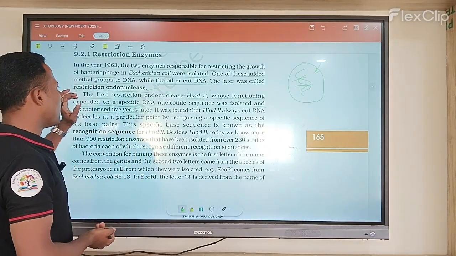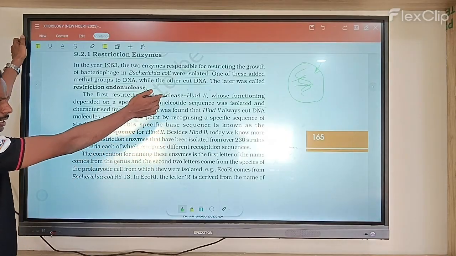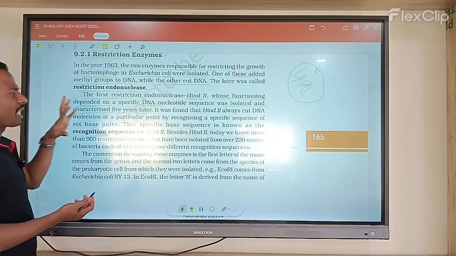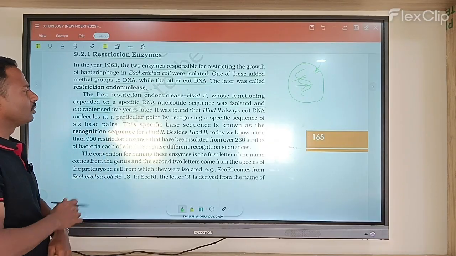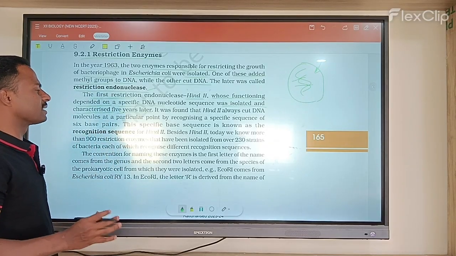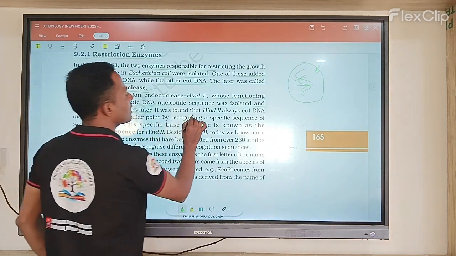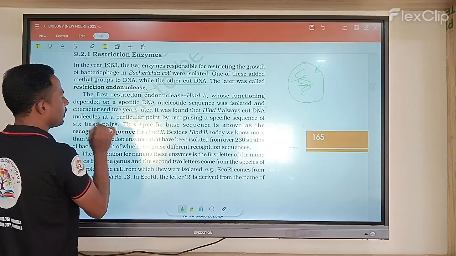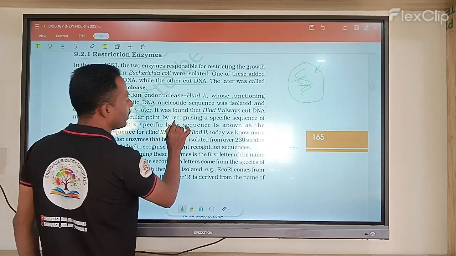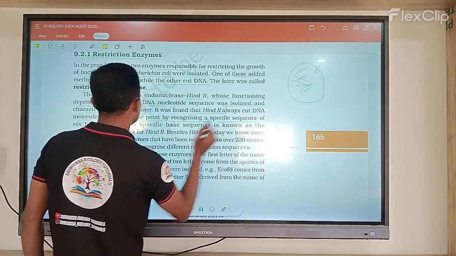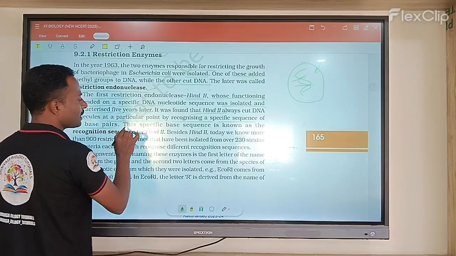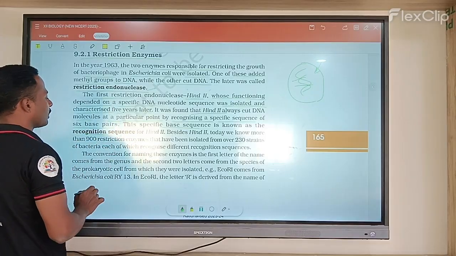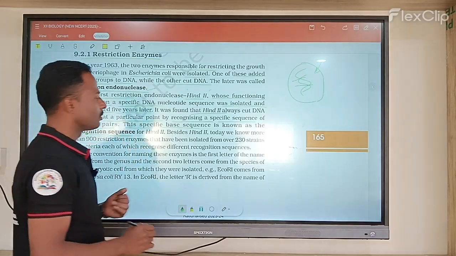It was found that HindII always cuts the DNA molecule at a particular point by recognizing a specific sequence of six base pairs. That specific base pair sequence is known as the recognition sequence for HindII.